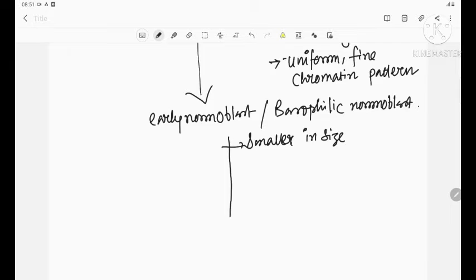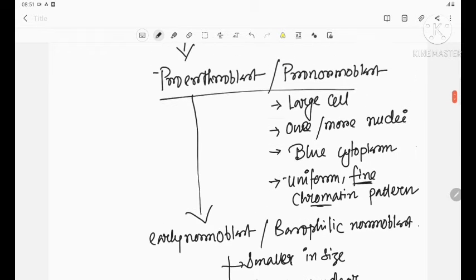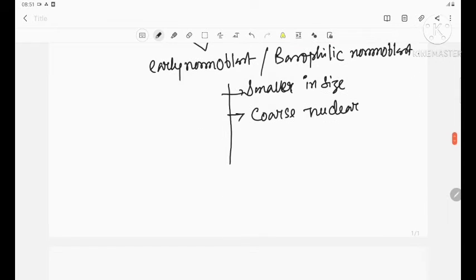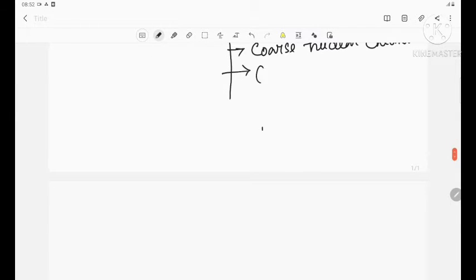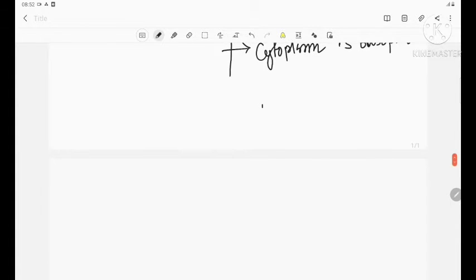Coarse nuclear chromatin; here fine chromatin, here coarse chromatin. And the cytoplasm is basophilic. Please everyone write this down.